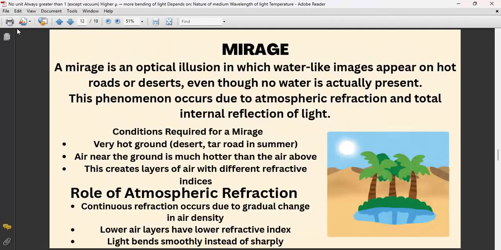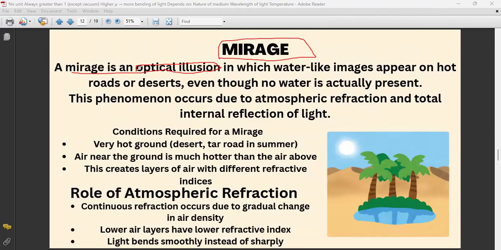Now a very easy and very popular concept, which is mirage. Moving on to the next concept, mirage. A mirage is an optical illusion. It is not a real-life phenomenon, but an optical illusion.